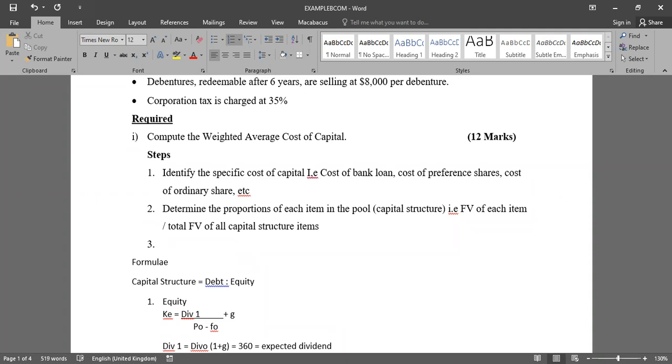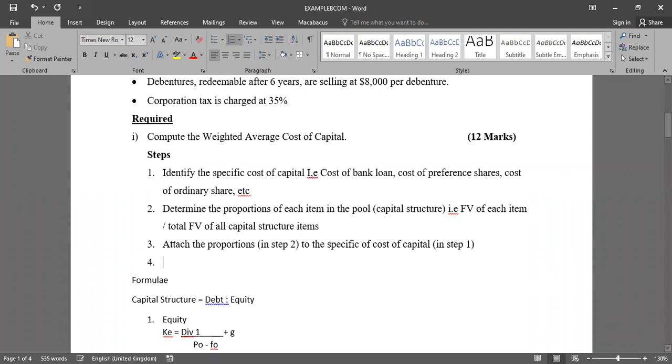Then step 3, you just attach the proportions in step 2 to the specific cost of capital in step 1.